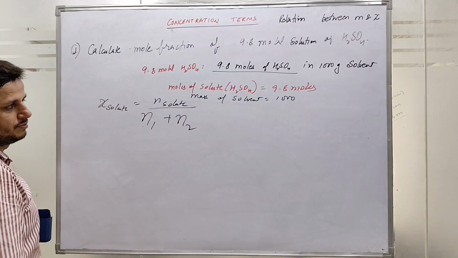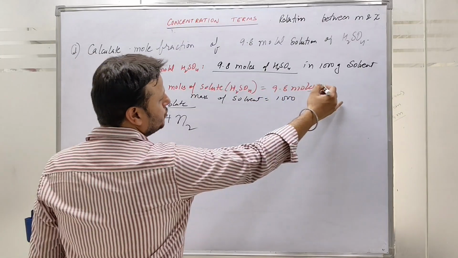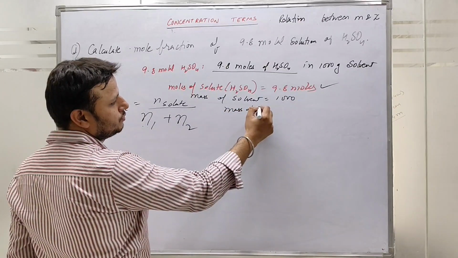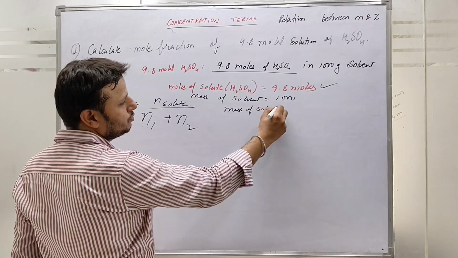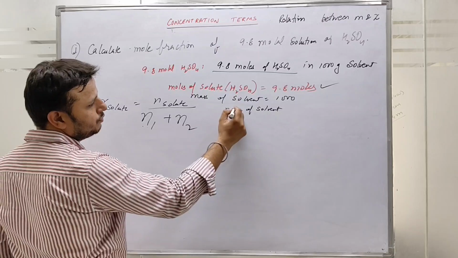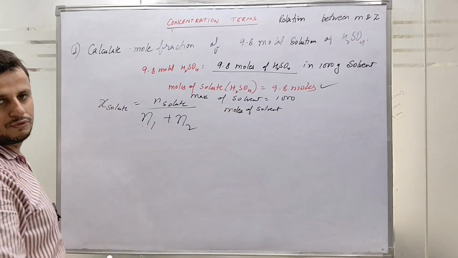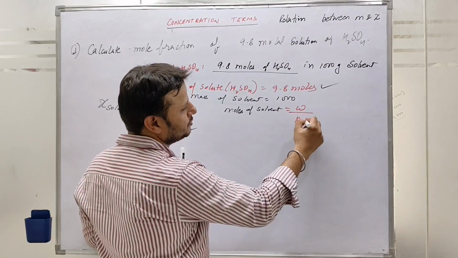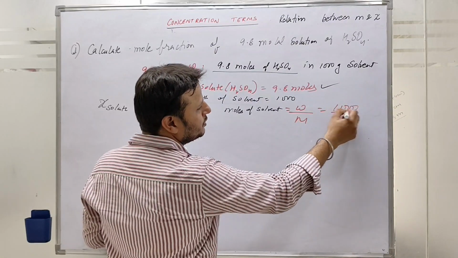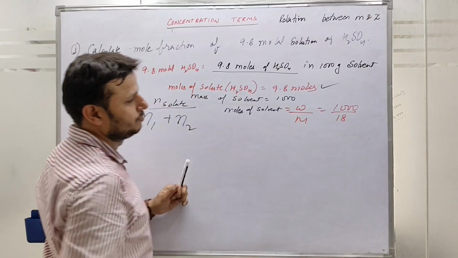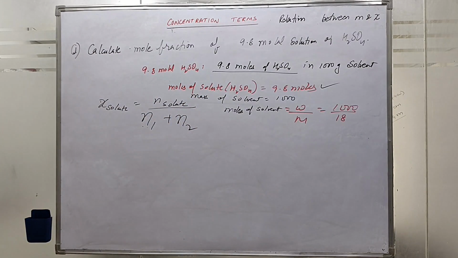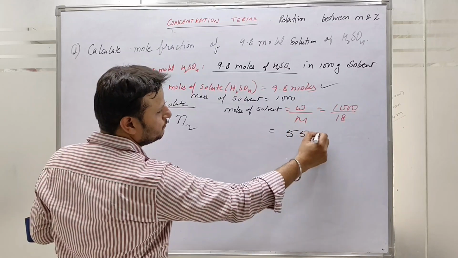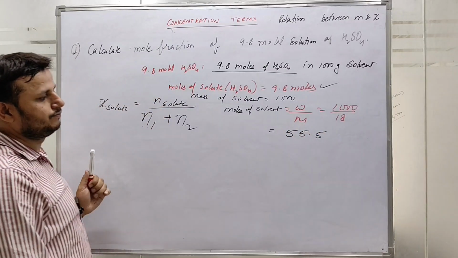Again यहाँ पे moles of solute तो direct है, बस we have to convert mass of solvent to moles of solvent. So again given mass by molar mass, and if no solvent is given, we have to take solvent as water, which is 18 grams. So this comes as 55.5.